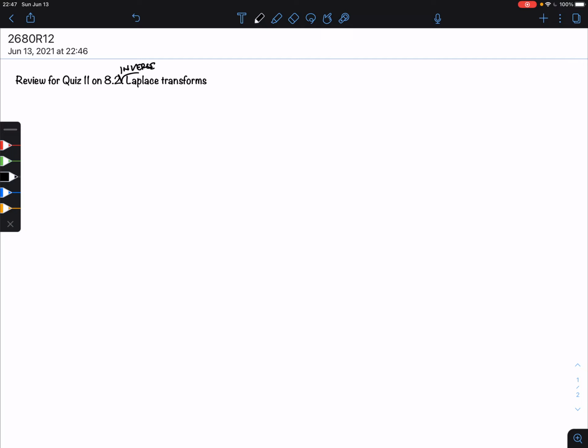So here, we'll do a couple of examples. 2s cubed plus 2s squared minus 12s plus 6 over s times s minus 1 times s plus 1 times s minus 2. So what is so nice is that the denominator is factored.